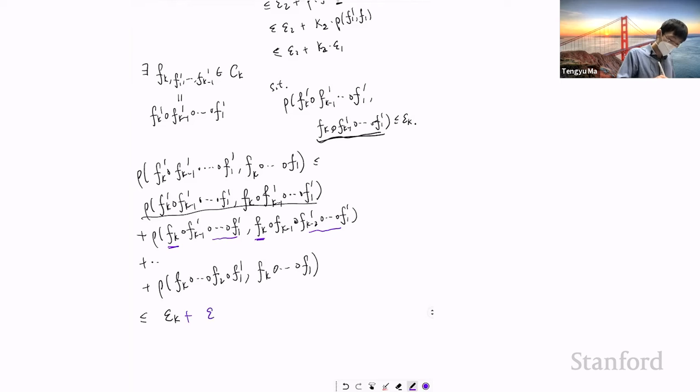Because of the cover, that gives you epsilon k-1. And then you also have to blow up a little bit because of the fk composed on top of it. So you also have to pay the Lipschitzness of fk, which is kappa k. Sorry, my k and kappa look almost the same.